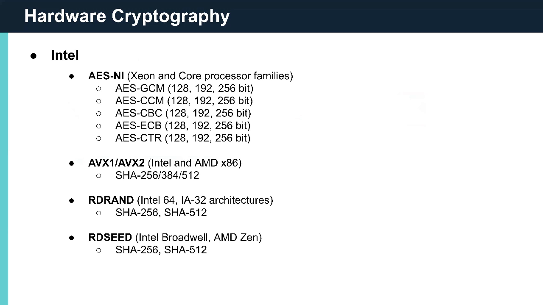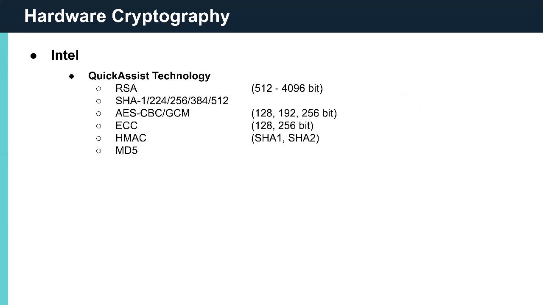For Intel, we support their AES-NI for AES operations, AVX1 and 2 for SHA accelerations, RD-RAND, and RD-SEED. We support their Quick Assist technology, which is an accelerator card for RSA, ECC, AES, SHA, HMAC, and MD5.